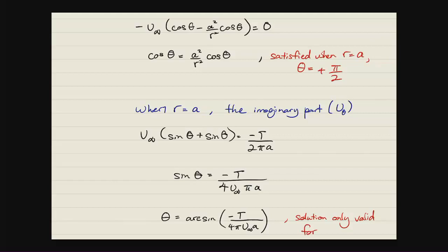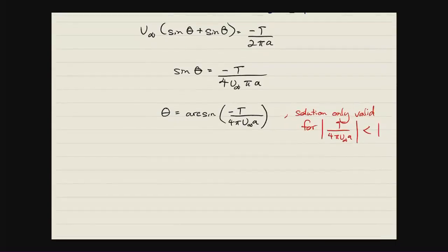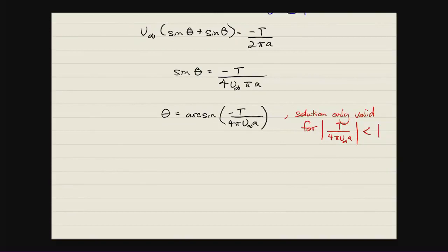So the solution is only valid for gamma divided by 4 pi u infinity a less than 1. So the absolute value of that term has to be less than 1, because you know that this is bounded from -1 to 1. So, what happens when this is greater than 1?